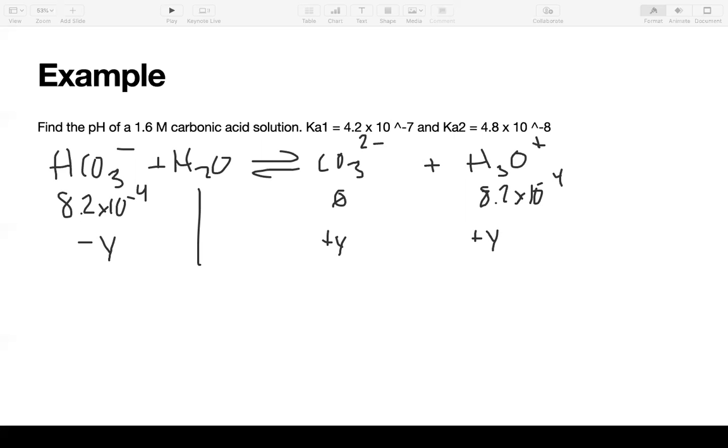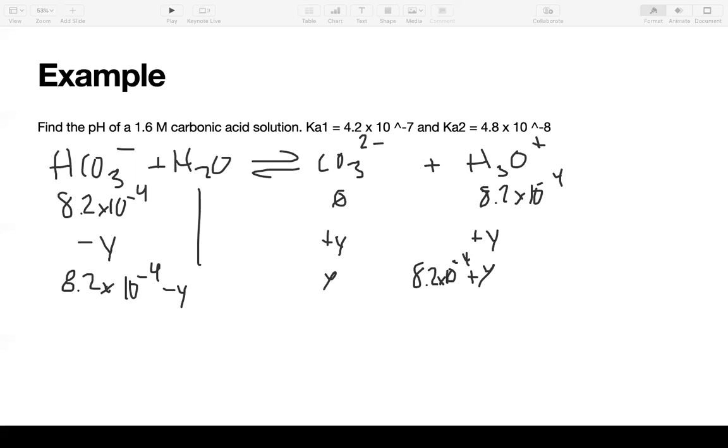So once we reach equilibrium, we have 8.2 times 10 to the negative 4 minus y, and 8.2 times 10 to the negative 4 plus y.